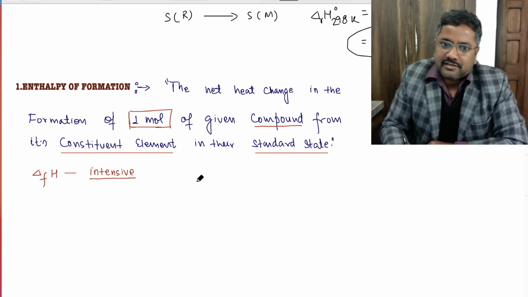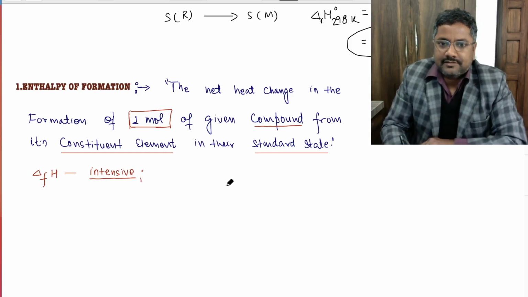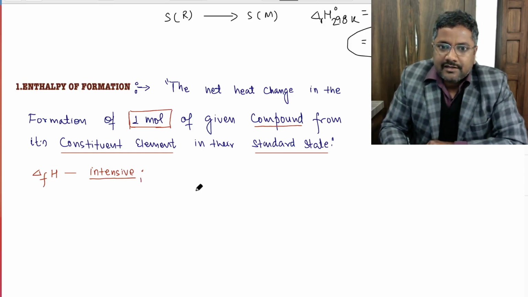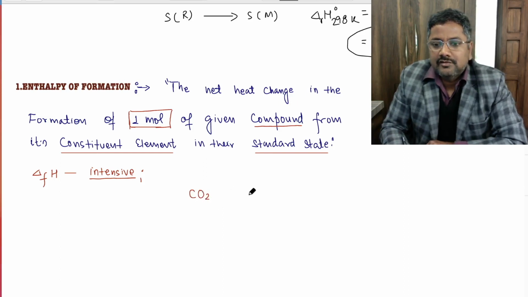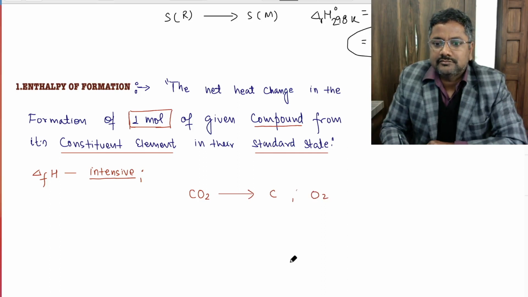Constituent elements, all of you know that every molecule or every compound is made up of elements. So suppose you have taken the example of carbon dioxide, so in the carbon dioxide molecule, the constituent elements are carbon and oxygen, right?